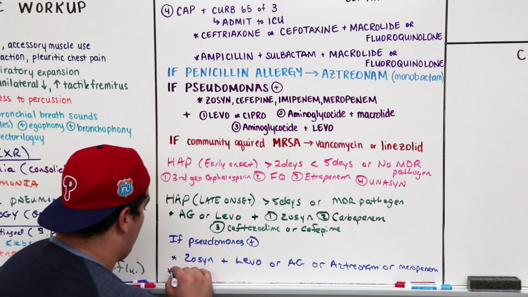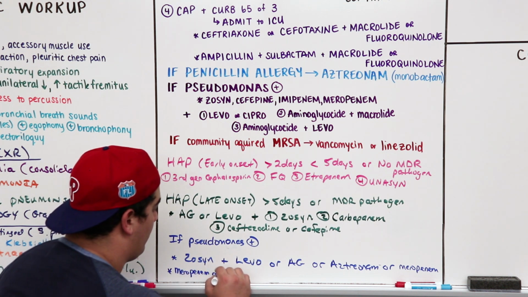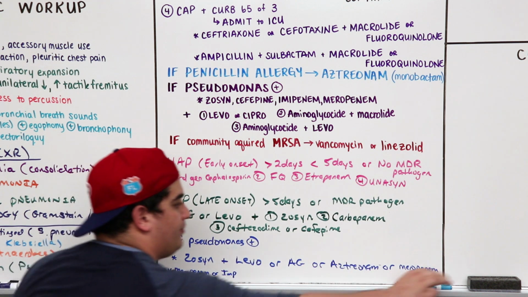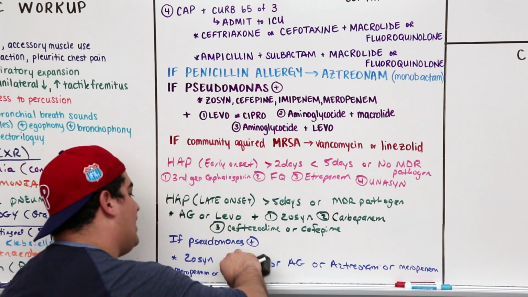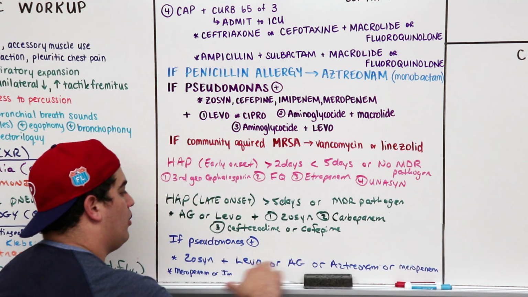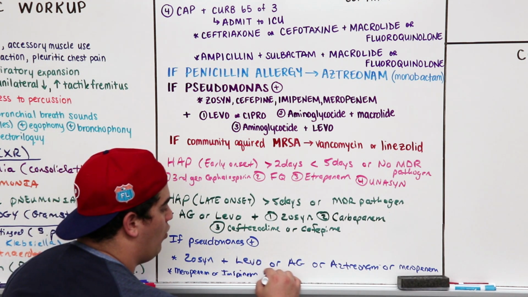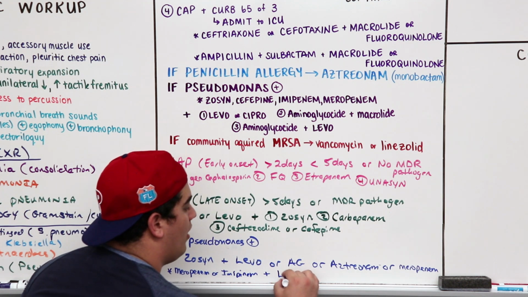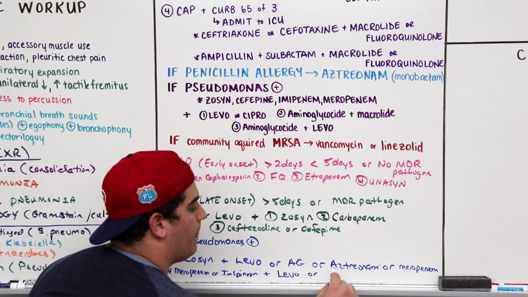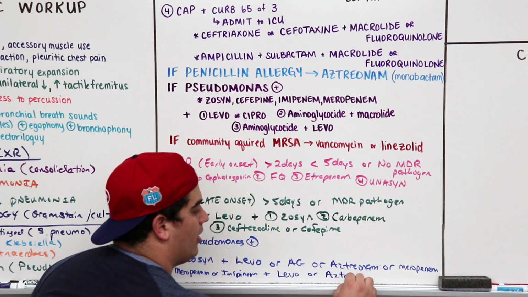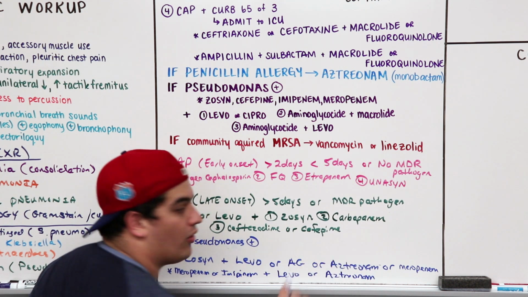So if I were to say this one, we could say meropenem or imipenem. But if we do these, you have to remember, we have to give these with either Levo or Aztreonam. Okay?